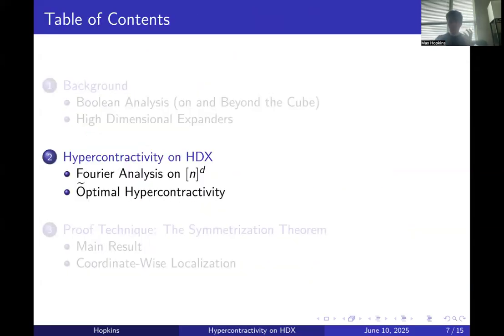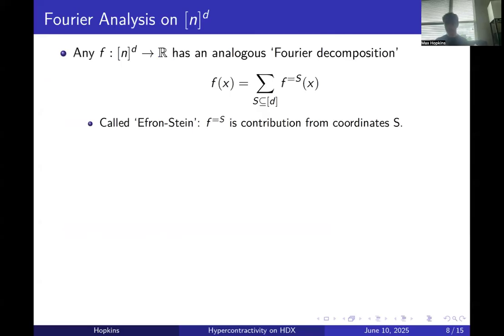Okay, so let's actually talk about Fourier analysis and hypercontractivity on these objects, these notions of high-dimensional expanders. So first, let's take a step back and recall how general Fourier analysis works on product spaces [n]^d. I'm not going to go into exact details here, but roughly I'll claim that any function f mapping [n]^d to R has an analogous version of the Fourier decomposition called the Efron-Stein decomposition, which just breaks f into components coming from each subset.